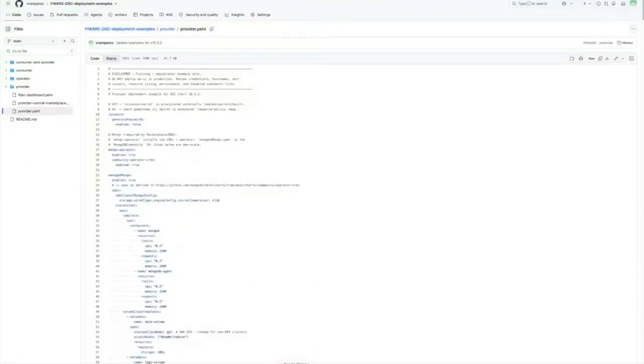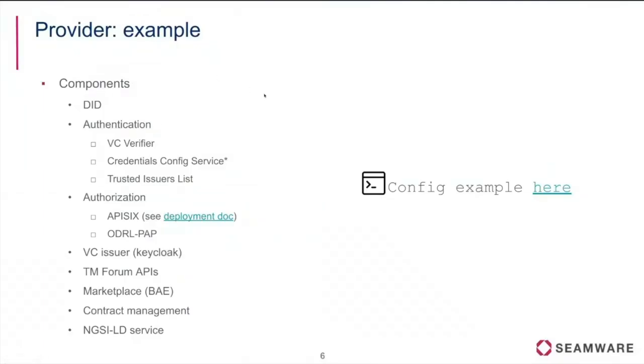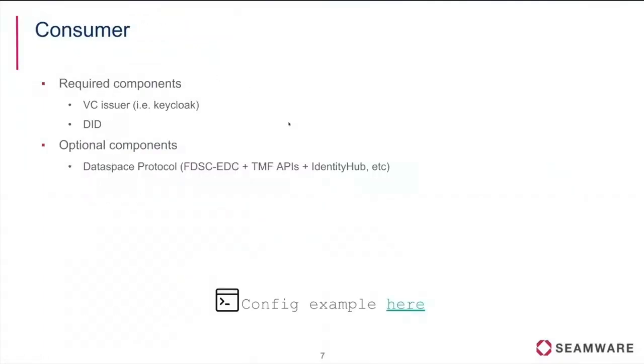Okay, so I'm going back to the slides. Changing the role to a consumer, as I mentioned, the only required components are a verifier, credentials issuer, the Keycloak, and you need something that serves the DID.